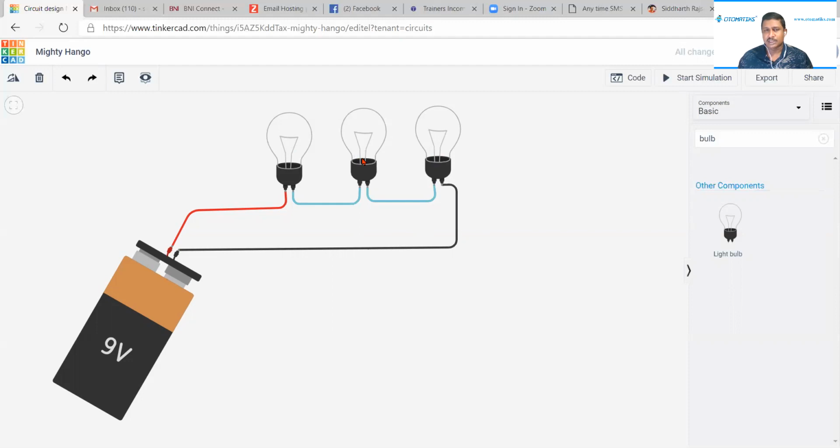Then the connectivity required for bulb 3 won't be coming from bulb 2, so bulb 3 will not work. So bulb 2 and 3 are dependent on bulb 1, and bulb 3 is dependent on bulb 2. If bulb 2 is not working, bulb 3 cannot work. If bulb 3 is not working, all 3 won't work, because bulb 1 won't be getting any connectivity. This is what you need to understand from series connection.